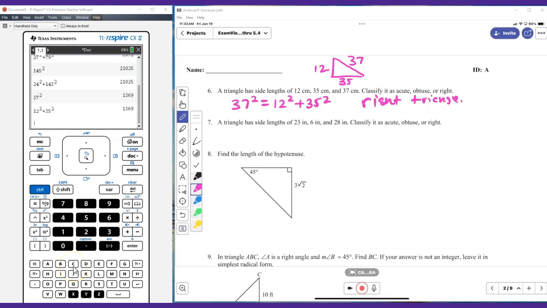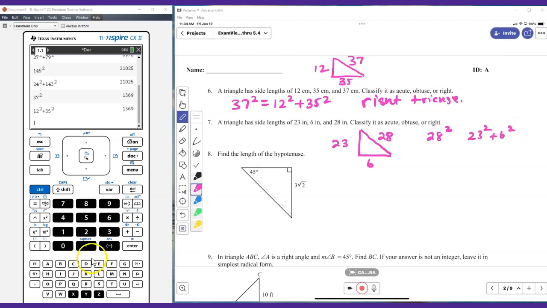Number 7, a triangle has lengths of 23, 6, and 28. Classify as acute, obtuse, or right. So let me go ahead and draw the triangle. So this is 28, this is 23, and this is 6. So we have to check, is 28 squared equal to 23 squared plus 6 squared?